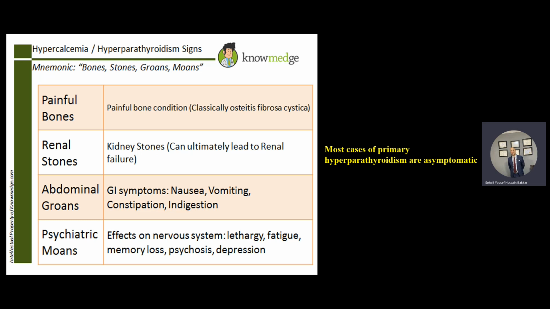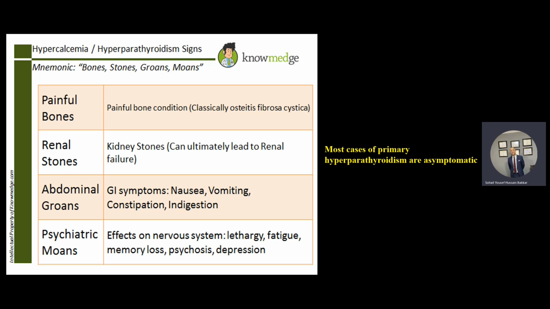Constipation due to hypercalcemia, fatigue, depression, and anxiety are the main psychiatric manifestations of primary hyperparathyroidism. And of course, over excitability of reflexes.